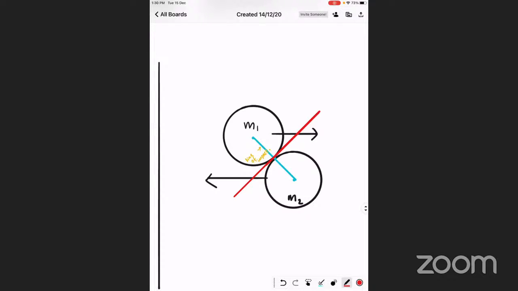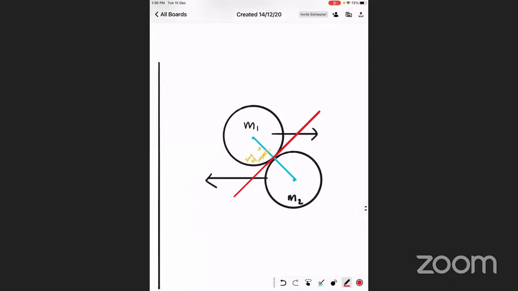Imagine these two bodies colliding with each other. Where will they apply force on each other? Along the line of impact. So along the red line there is no force. Am I right? Yes, sir.